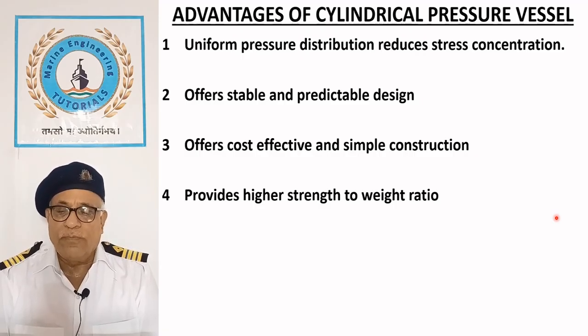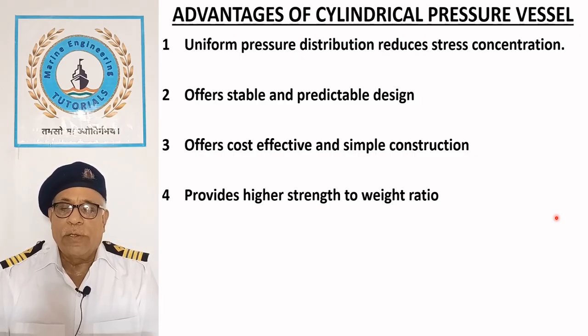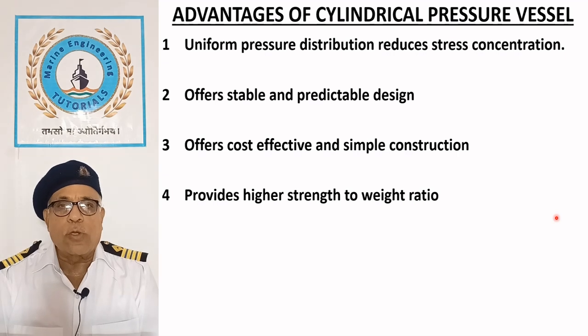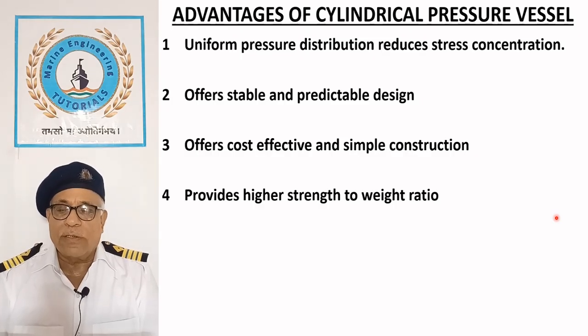In contrast, corners and flat surfaces in other shapes, such as rectangular or cubic vessels, tend to experience higher localized stresses, resulting in stress concentrations. These areas are more prone to deformation and failure, requiring additional material for reinforcement to achieve the same strength, which ultimately makes them heavier.